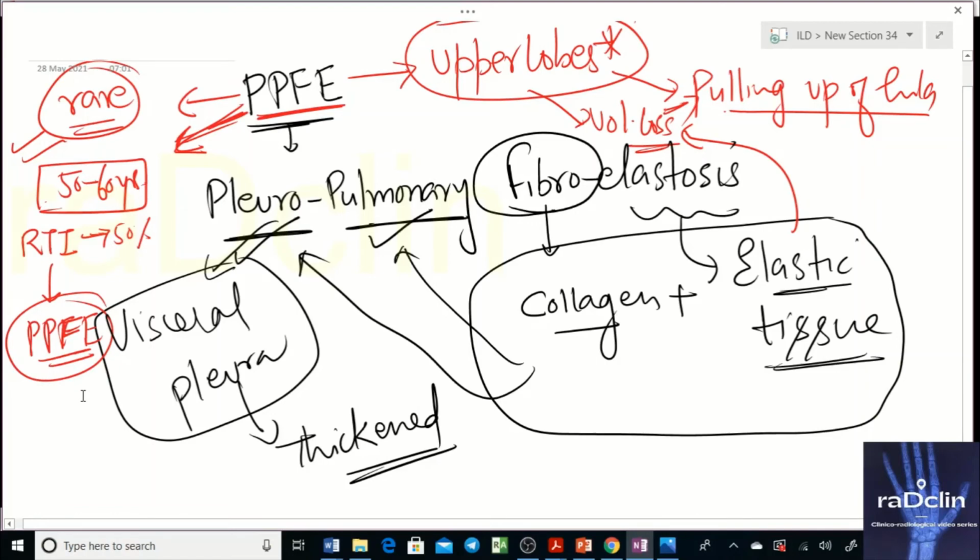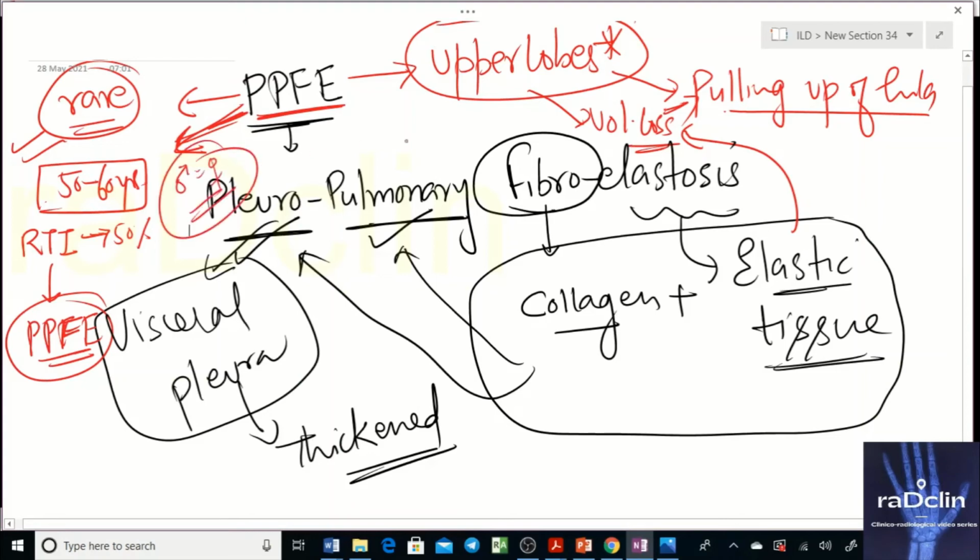Now PPFE can have an idiopathic cause, and there are a few causes which can be associated with it. Classically, you see transplantation or post-transplant patients, with graft versus host disease and mismatch, and the patient might have a family history or some autoimmune relation also. So typically these are the cases: 50 to 60 years of age, male equal to female.